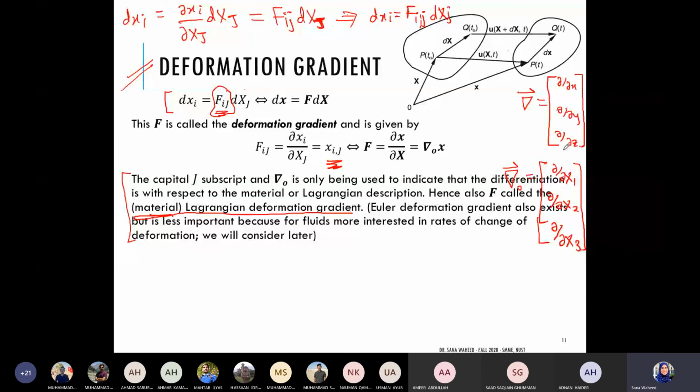people use the spatial description, del by del small x1, del by del small x2 etc. That is not as useful because, as you already discussed, the spatial description is usually used for fluids, and fluids mostly tend to be incompressible, or even if they are compressible, we're not really interested in these deformations. What we are interested in is the rates of their deformation for fluids, whereas for solids we are actually interested in the deformations themselves.